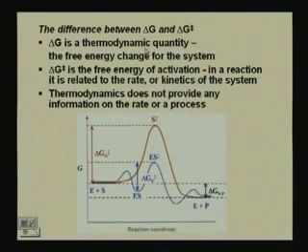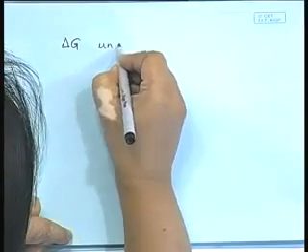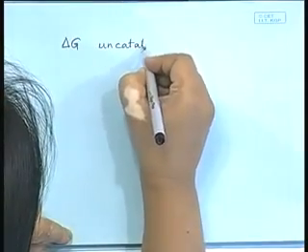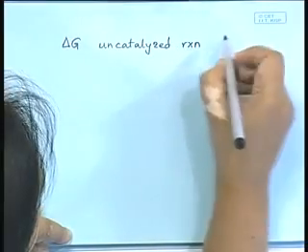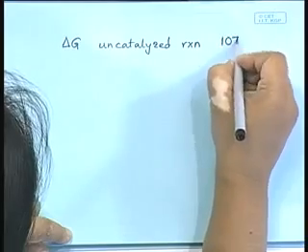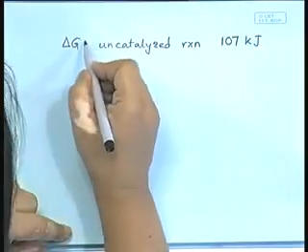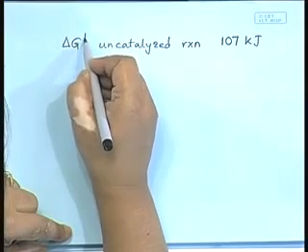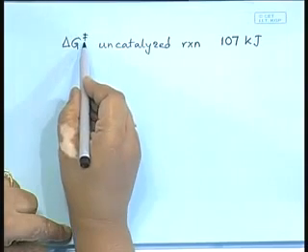Okay? So, if we just consider 2 reactions here, say we have a delta G for an uncatalyzed reaction that corresponds to 107 kilojoules. Okay? So if I put this, what does this mean?